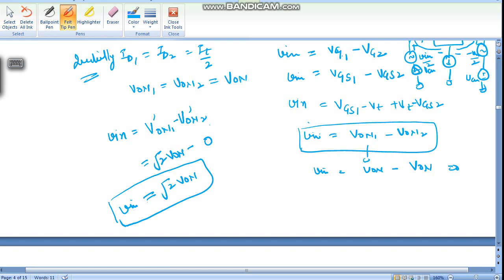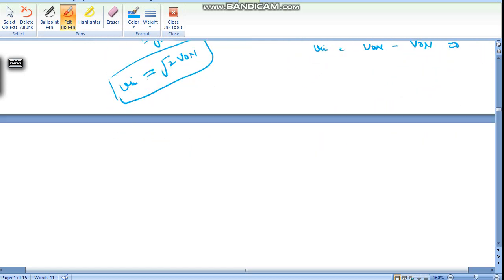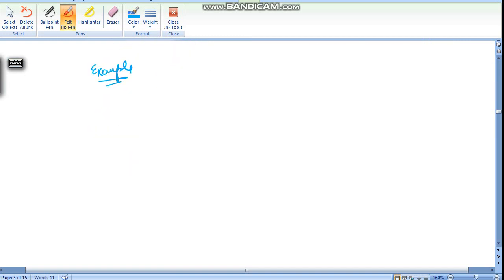So now we have found Vin as square root 2 VON. Okay, let's take an example.